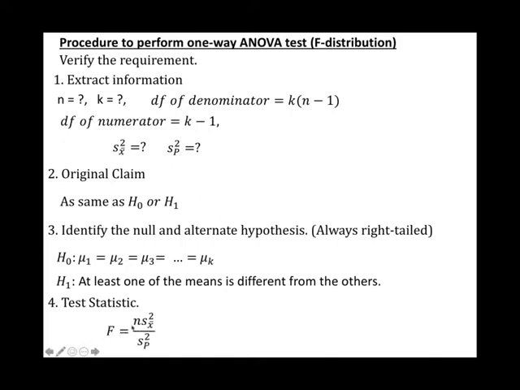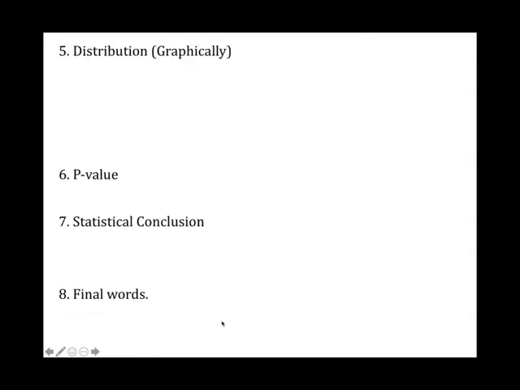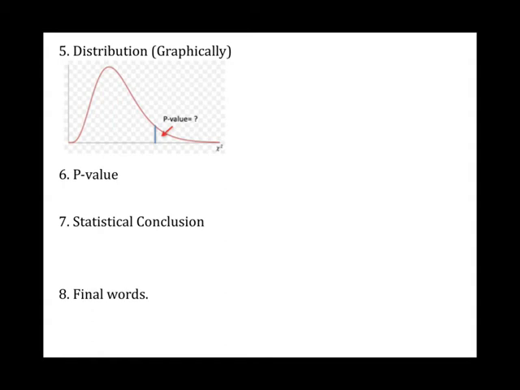Test statistic: you're going to use these two, multiplied by the n, divided by here. So this is the test statistic formula. Distribution: this is always a right-tail test. For section 12.1 it is always right-tail. After you find your test statistic from step 4, use the F to find the p-value.